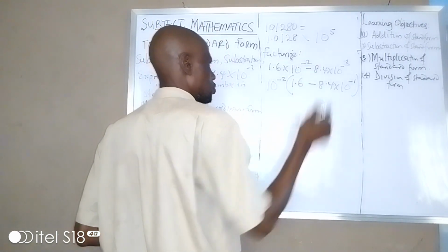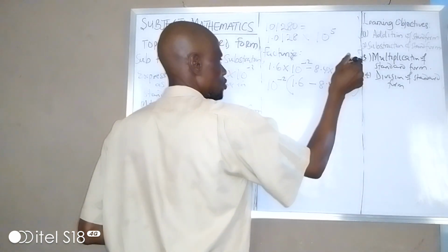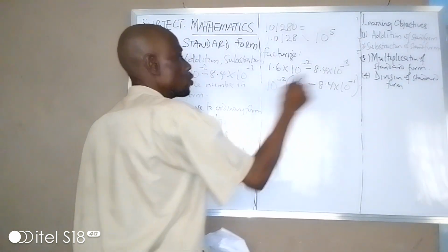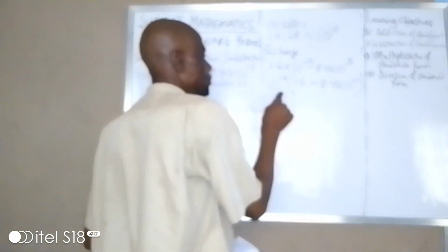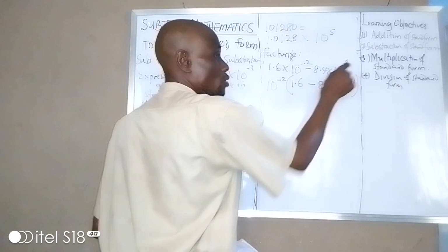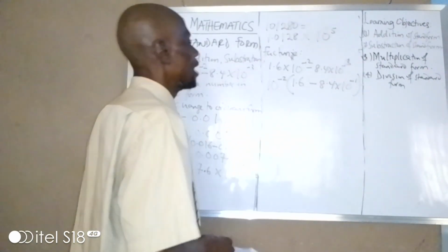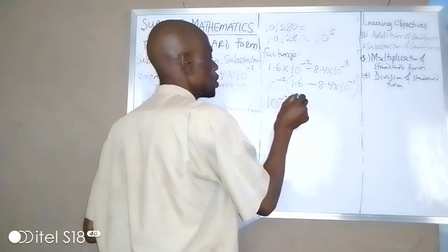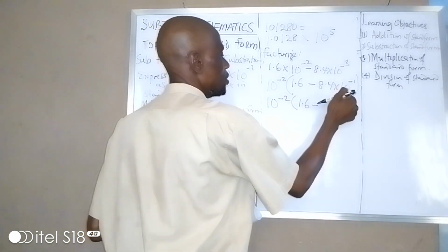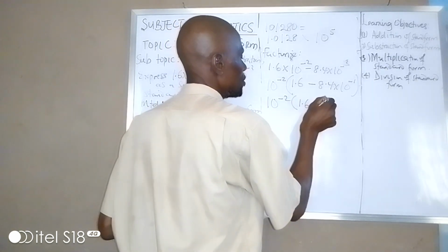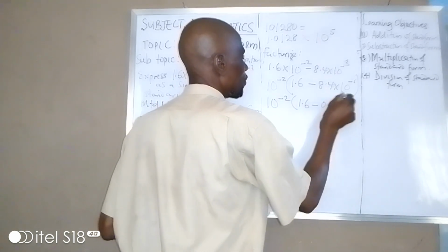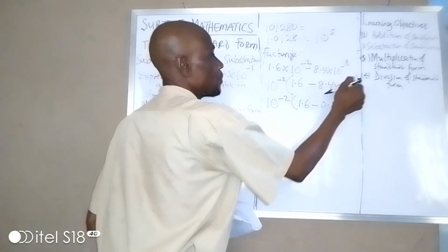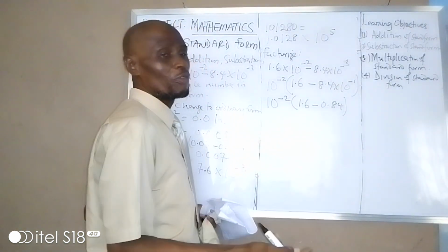You can remove the minus 1, because minus 3 minus, minus 2 gives us minus 1. Now we say 10 to the power minus 2, bracket 1.6 minus, we can change 8.4 times 10 to the power minus 1 to 0.84.